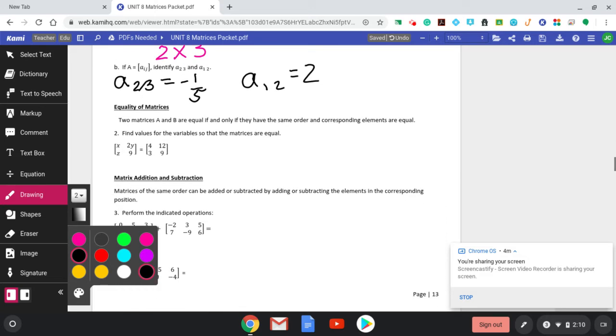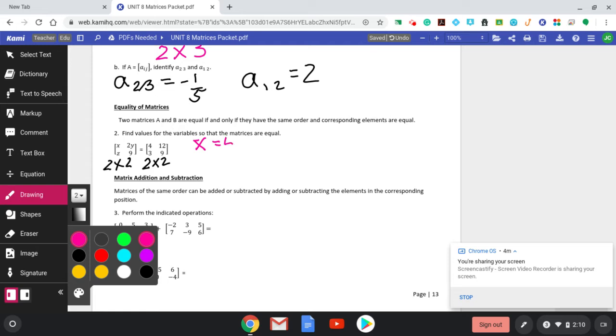All right, when are 2 matrices equal? Two matrices are equal if they have the same order. So you see here, this one right here is a 2 by 2 matrix, and this one right here is a 2 by 2 matrix. We're setting them equal, which means whatever's in their corresponding spots are equal. So for instance, x is equal to what's in its corresponding spot in the other 2 by 2 matrix.